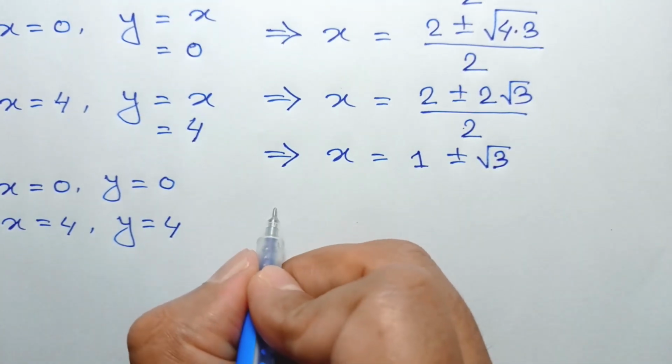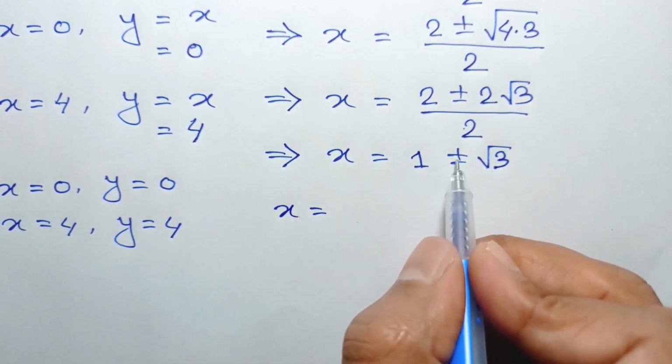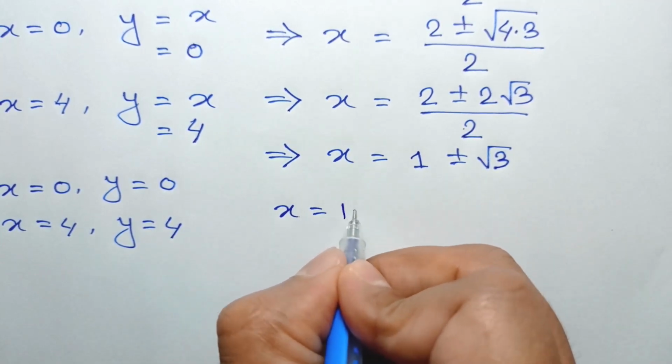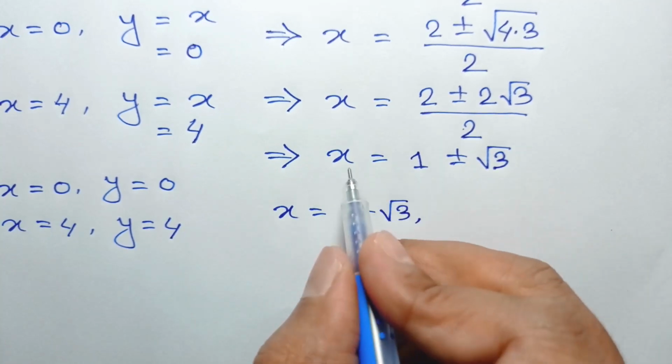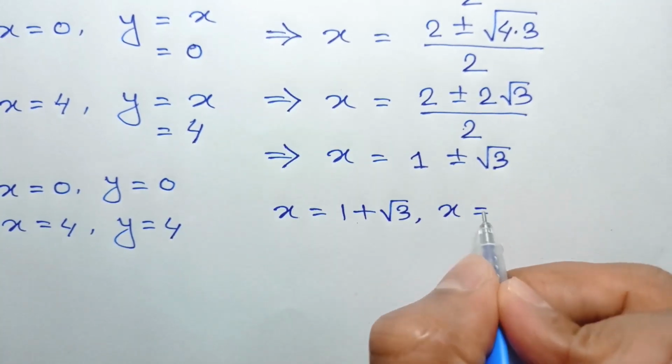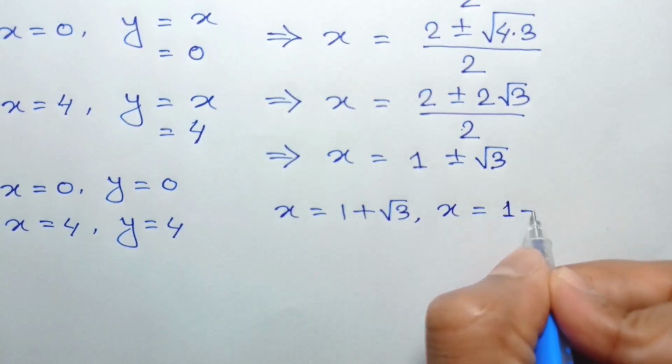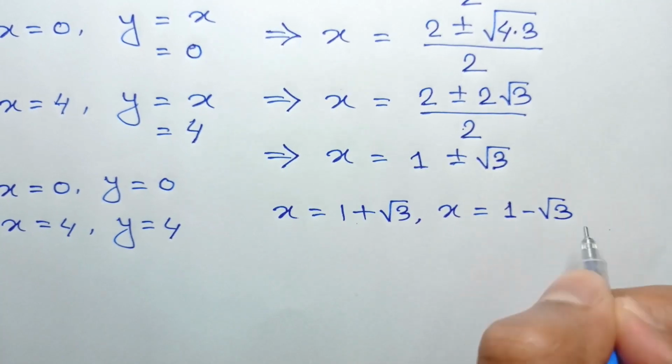So the value of x, taking positive we will get 1 plus square root of 3, and taking negative the value of x is equal to 1 minus square root of 3.